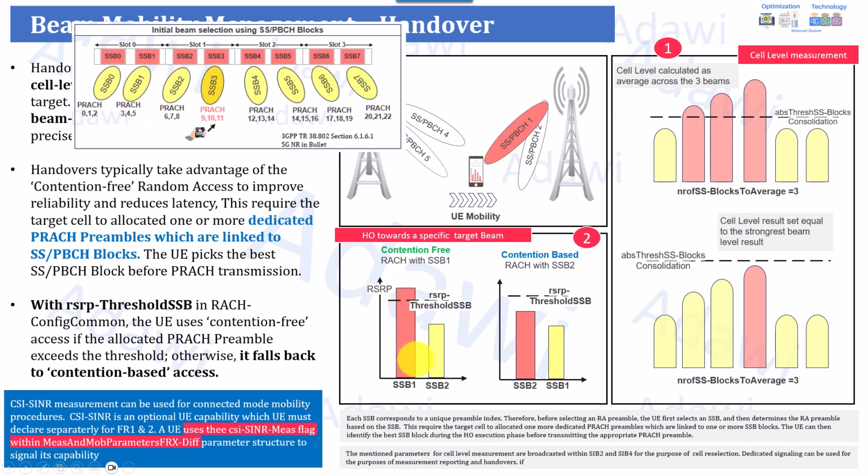So the user will initiate the handover execution using this PDSCH preamble, which is associated here. And if the threshold is not met, this means contention based will be used, so the user will send a random preamble during the random access in the execution phase.